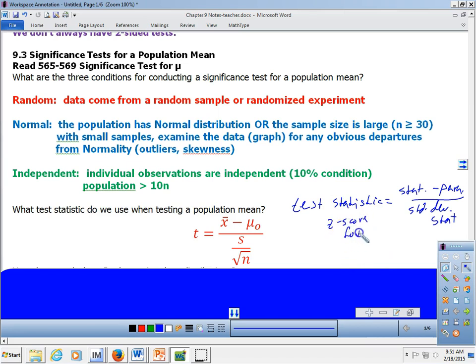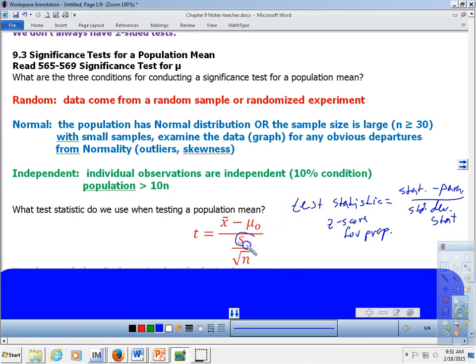Okay? For means, something weird happens when we start using the standard deviation of a statistic to try to find this standardized value. And that weird thing is that our curve looks a little bit different. It takes a little bit different shape.